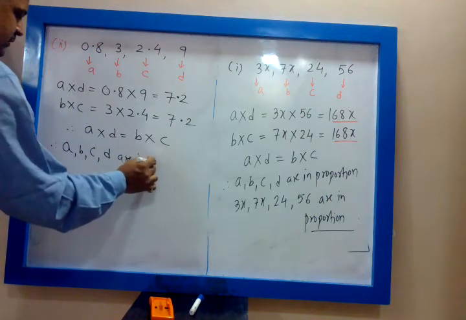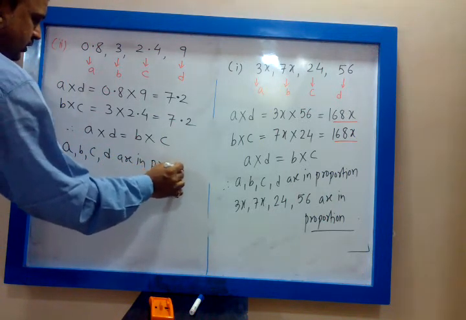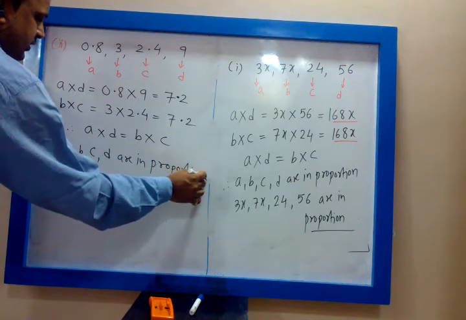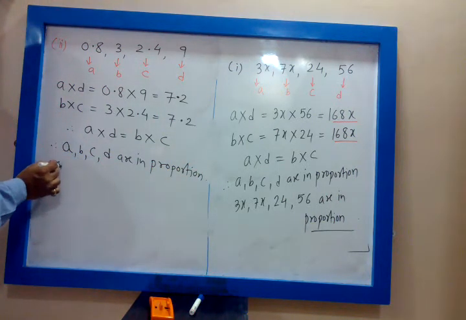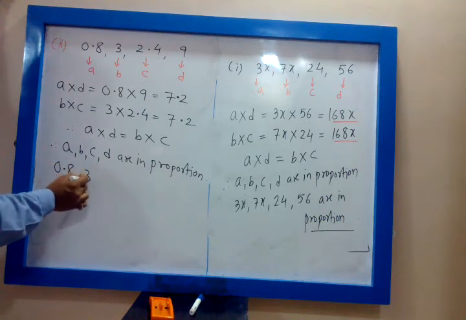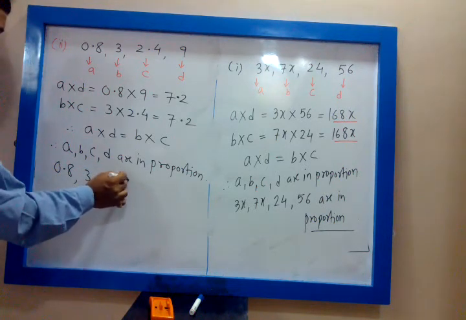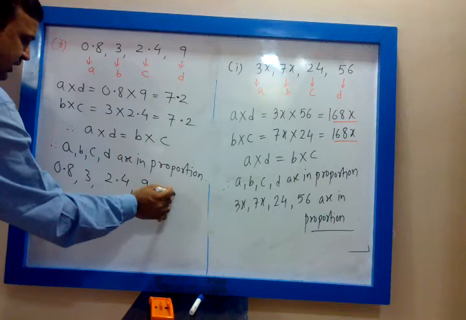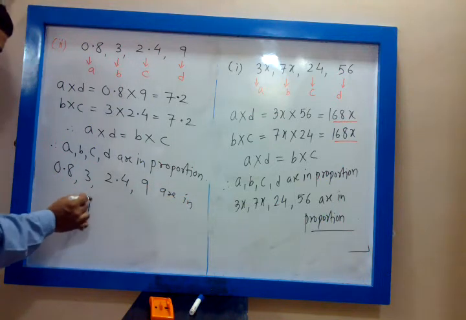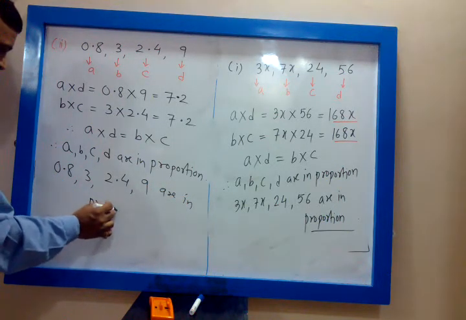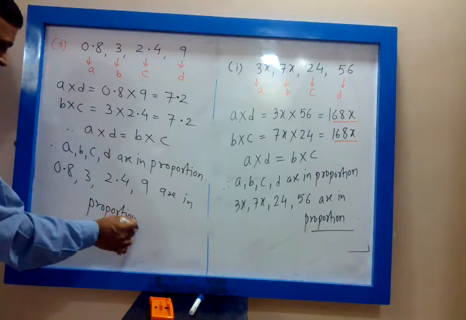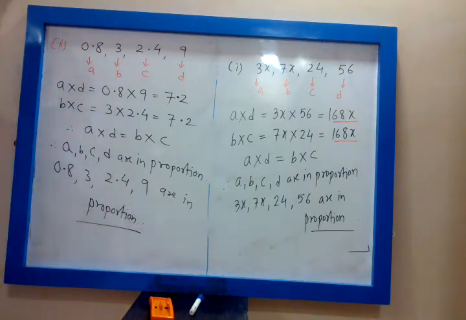These four numbers, 0.8, 3, 2.4 and 9, are in proportion because we have verified that product of extreme is equal to product of means.